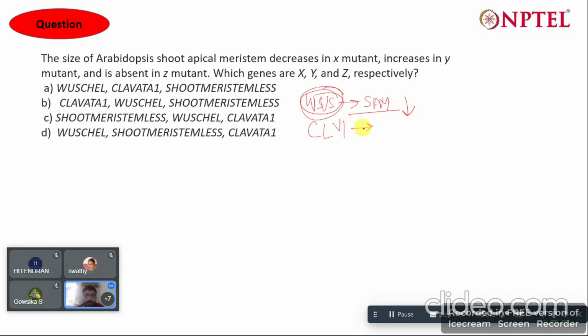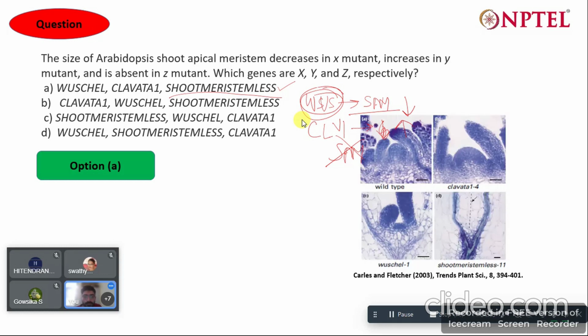So when clavata 1 is decreased or mutant, the size of the shoot apical meristem will increase. And in shoot meristemless mutants, there will be no shoot apical meristem. So the answer is option A, and this is the explanation.